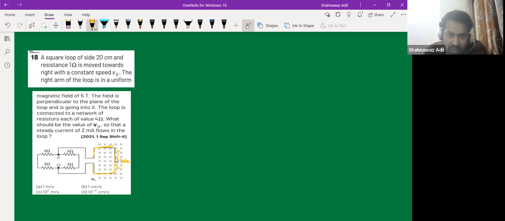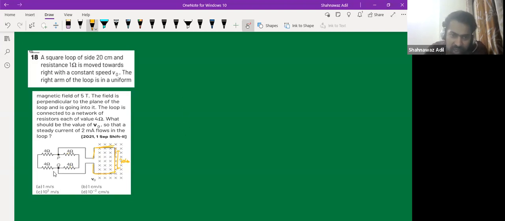So first, this loop is connected at this point, and this loop is connected at this point. These 4 ohms and these 4 ohms are in series, and this 4 ohm and this 4 ohm are in series also, right?